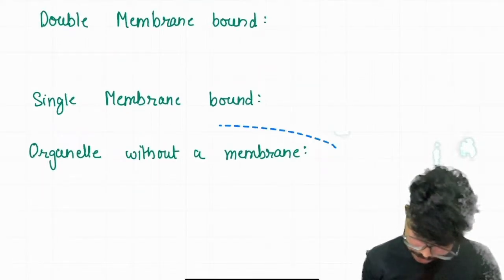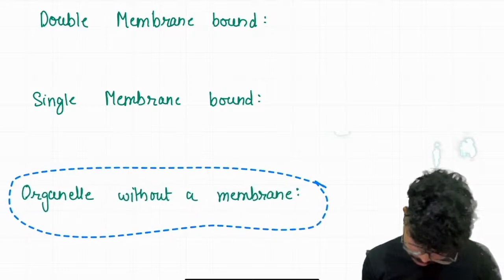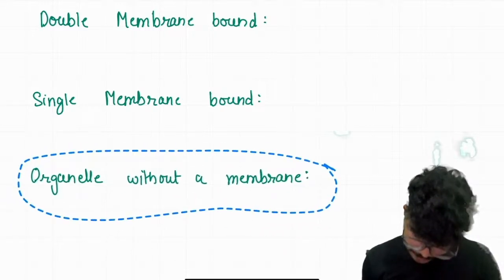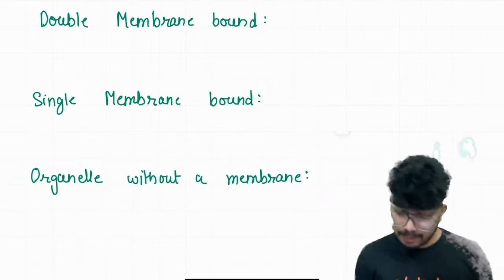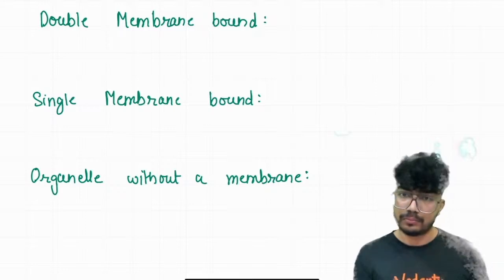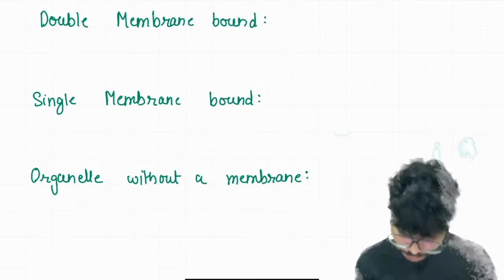So double membrane bound: mitochondria, plastid, nucleus.